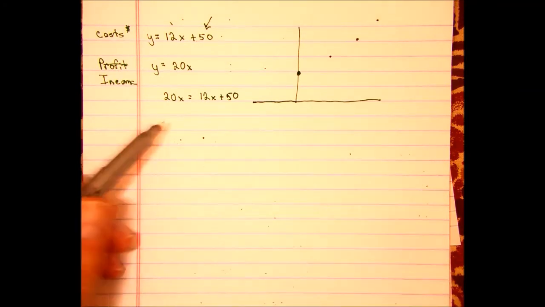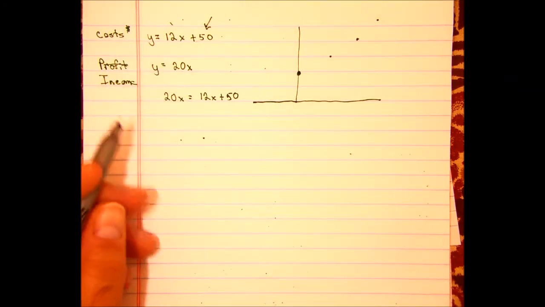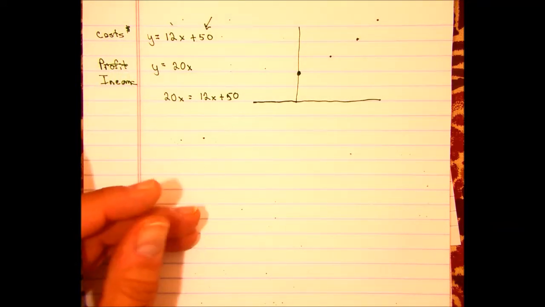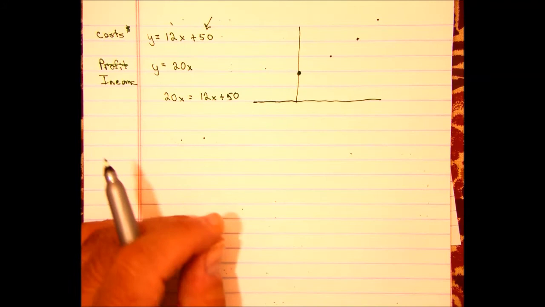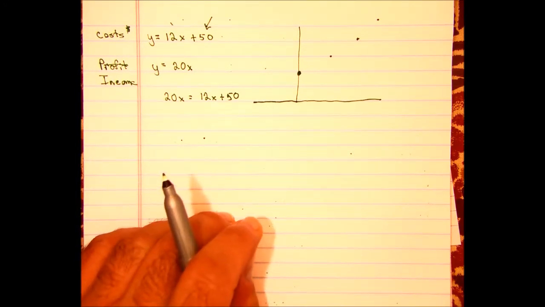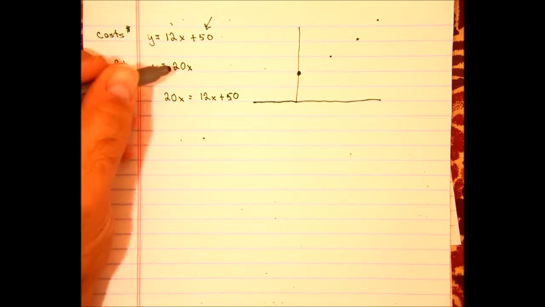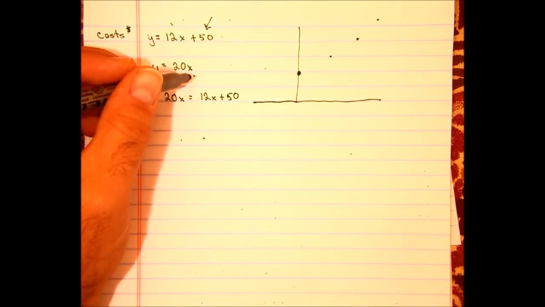Now, notice it's very rough and very inaccurate at times because graphs are inaccurate. Graphing can be accurate, but finding the answer from graphing is inaccurate. And then there is no y-intercept for the sales, right?